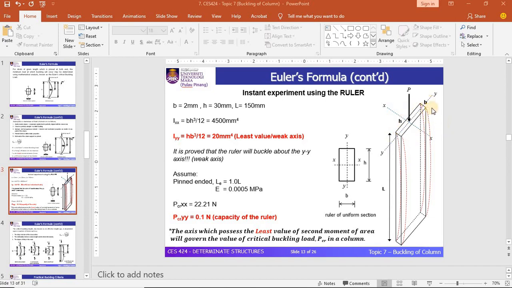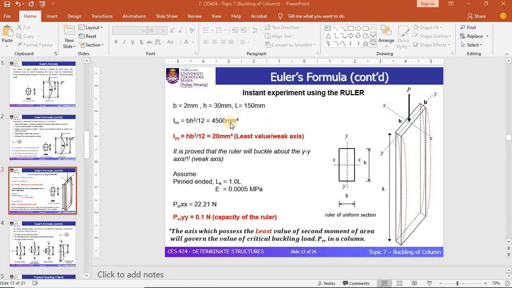In this diagram, the short side is denoted by B and the long side by H. The ruler is buckled about y-y, in other words, along the short side. So we will prove that the ruler will buckle in the weak axis.